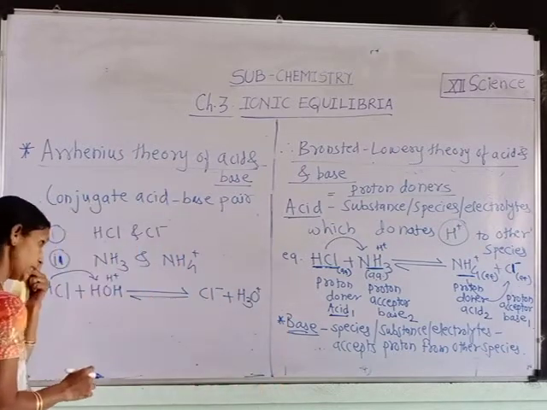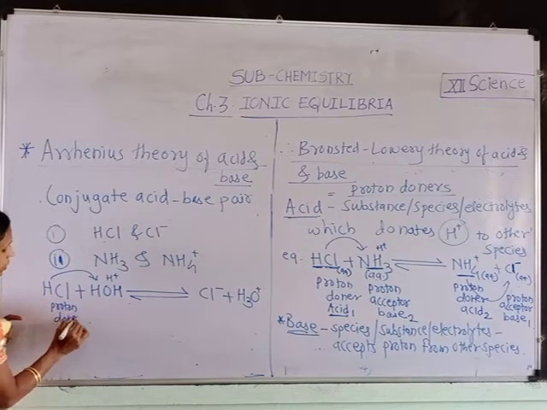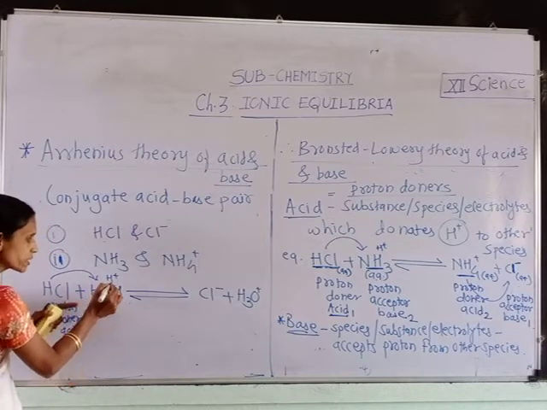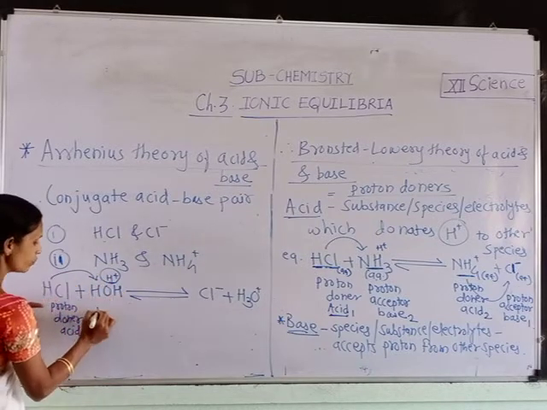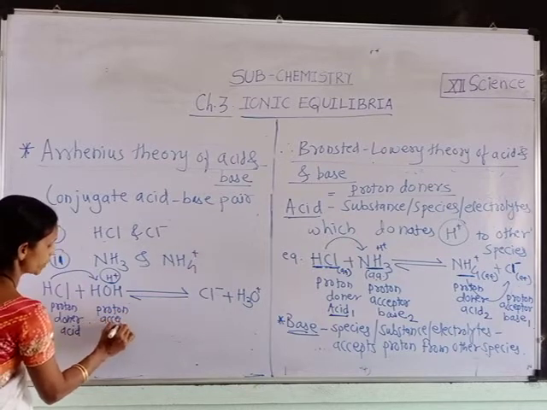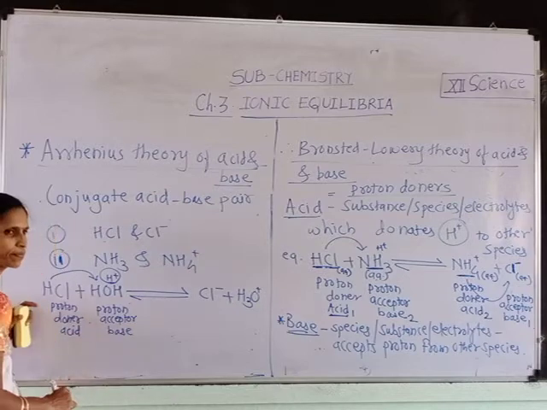That means here HCl is a proton donor, therefore it is an acid, and water, which accepts H plus ion from HCl, is a proton acceptor, therefore it is a base.